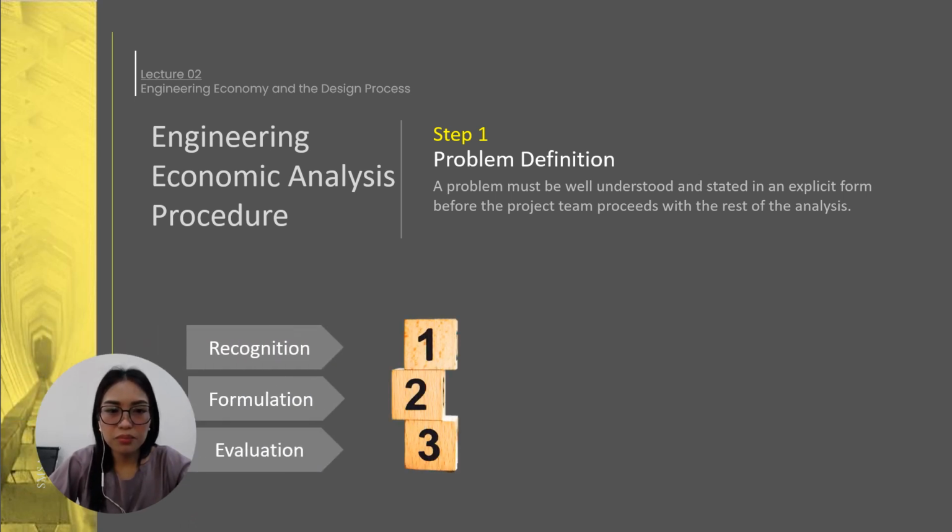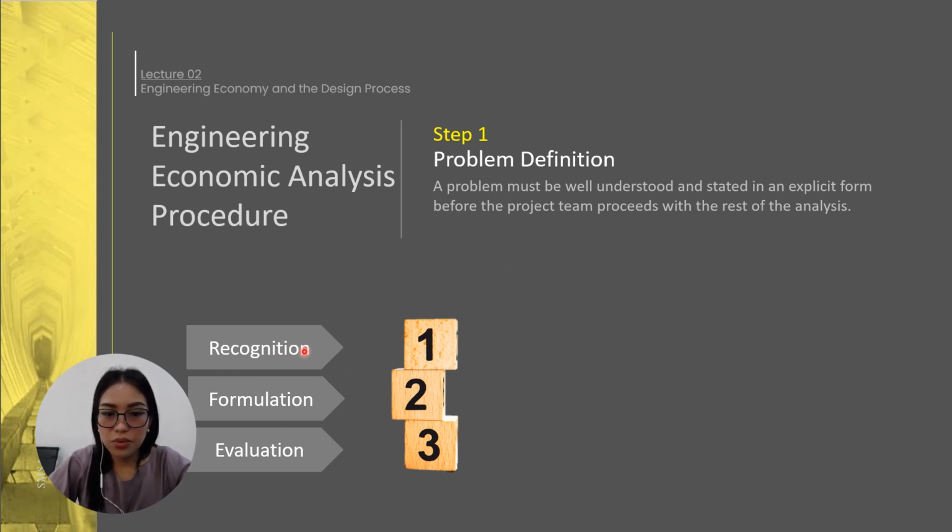The term problem is used here generically. It includes all decision situations for which an engineering economic analysis is required. Now, recognition of the problem is normally stimulated by internal or external organizational needs or requirements.